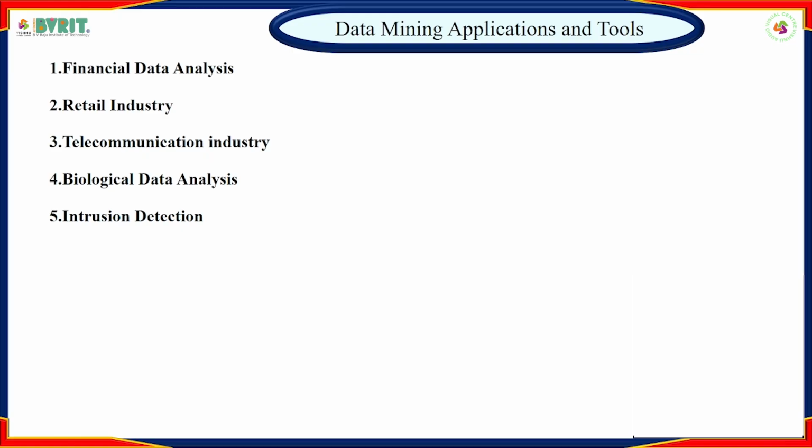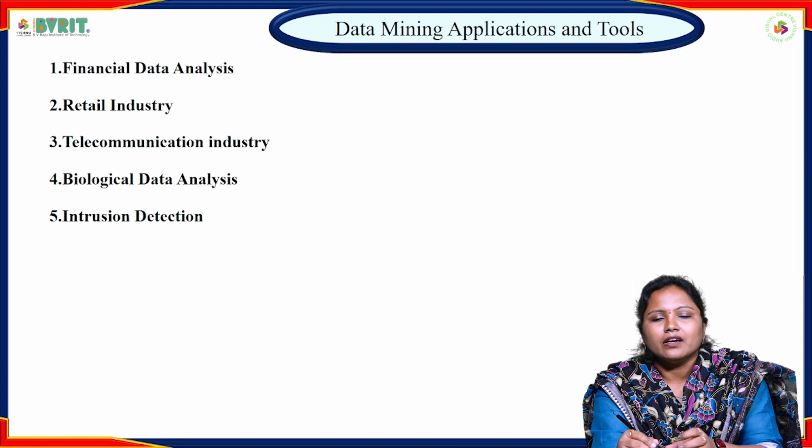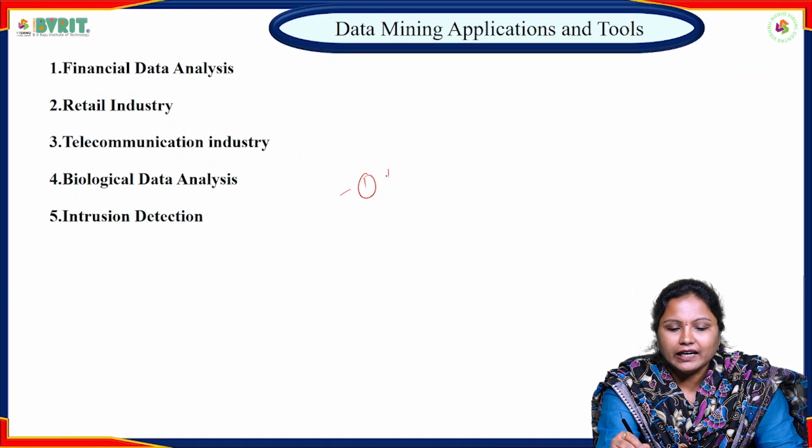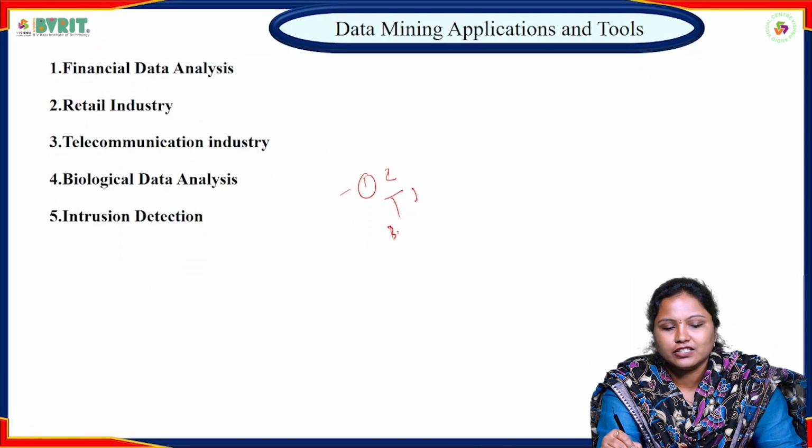And the other one is data mining applications and tools. Here we use data mining in different aspects. Here are some of the data mining applications and tools. The first ones are financial data analysis, retail data analysis, telecommunication, biological data analysis, and intrusion detection, right?